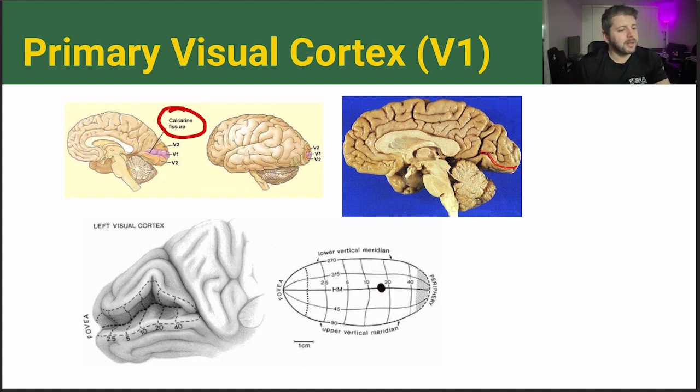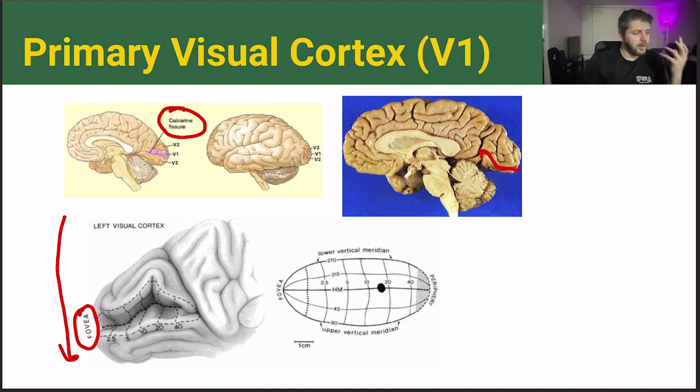And here we see this on an actual human brain. But in the bottom image, we look at the fovea, and we're taking part of, I believe, a monkey brain, but I'm not 100% sure. What you can see here, these numbers represent the sensitivity to angles away from the fovea.